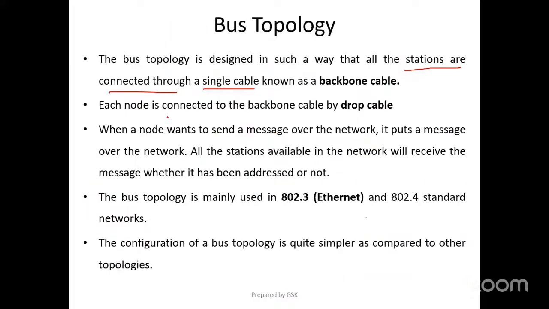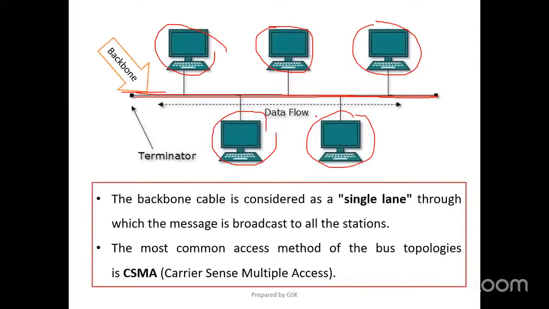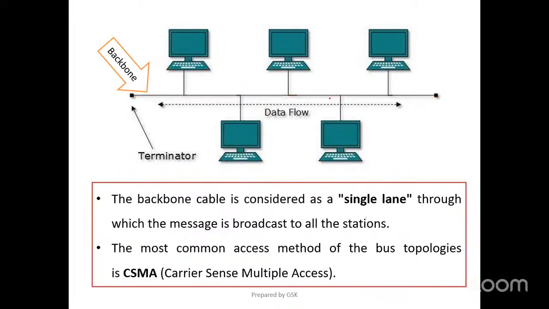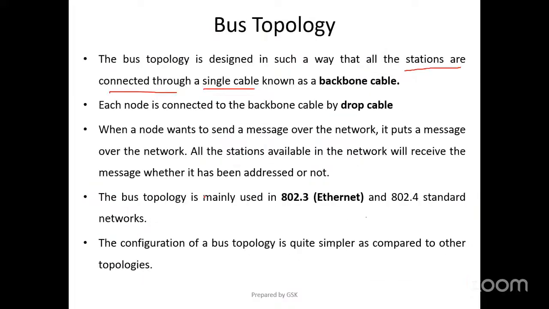Then each node is connected to the backbone cable by a drop cable. A node is nothing but the devices connected to this backbone. In simple terms, whatever device is connected to a network is called a node in general. And every node is connected with a drop cable.